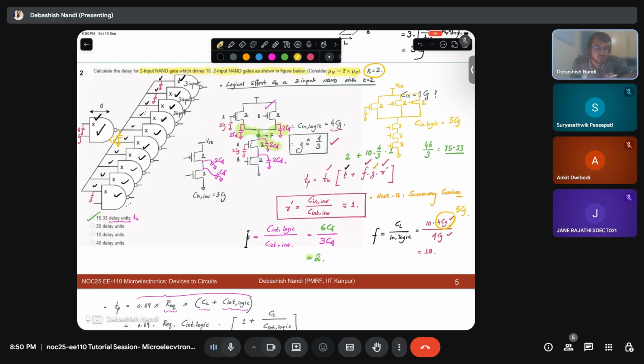So all the other formula will remain the same, but this part, 4 CG, will be replaced by 5 CG. Is that clear? Yes, sir.